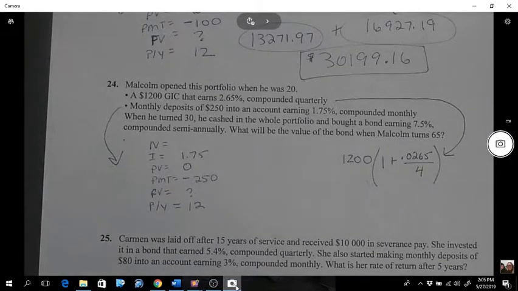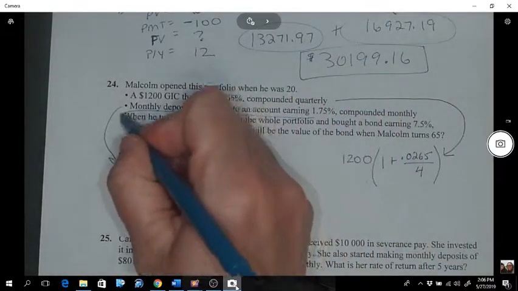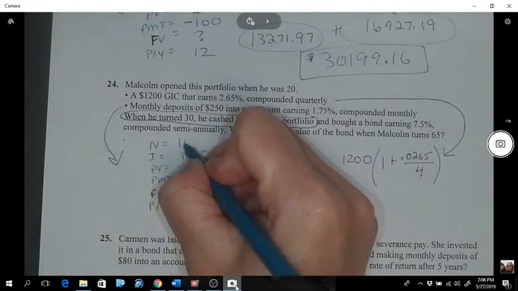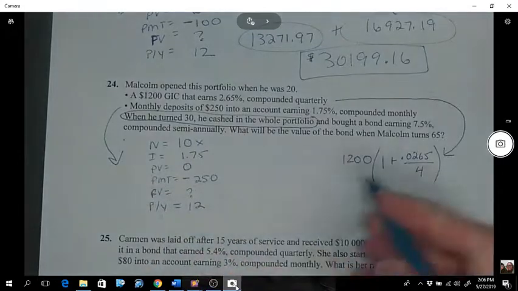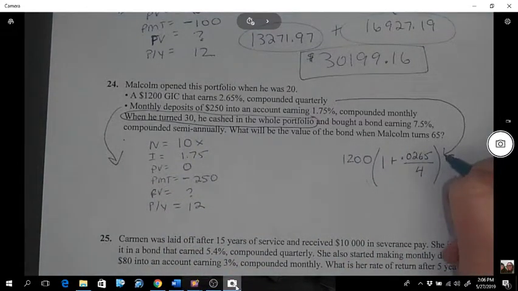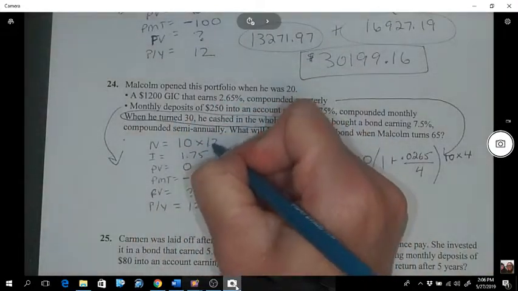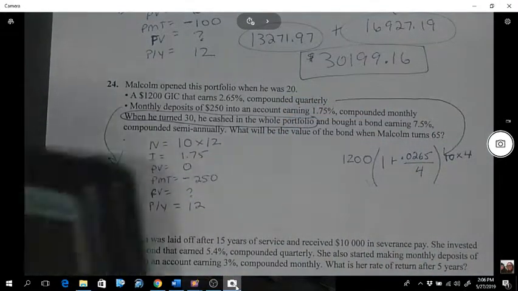When he turned 30, he cashed in the whole portfolio and bought a bond earning 7.5% compound. So that means for 10 years, and this one we'll have to times by 4, and the monthly one compounds per month. Okay, so let's figure out each part.